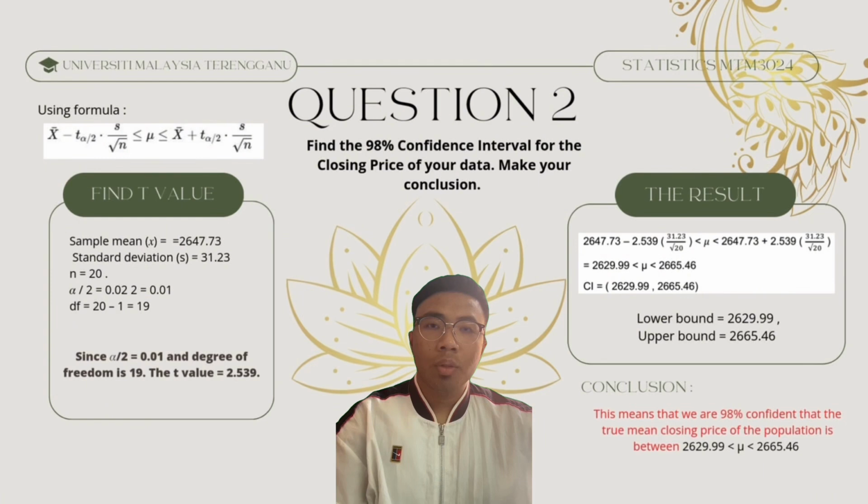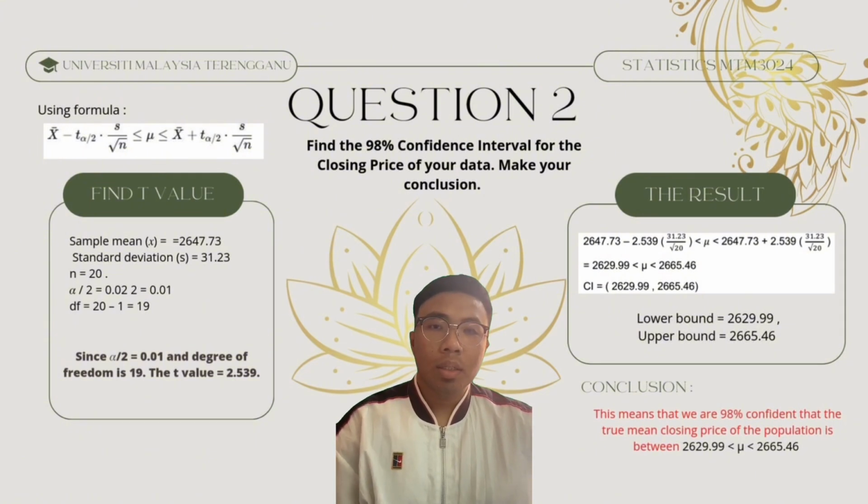Step 2, we find the T value using the distribution, and since alpha over 2 is 0.01 and degree of freedom is 19, the critical value for 98% confidence level is 2.539. Step 3, we sub in information to formula and find the result.